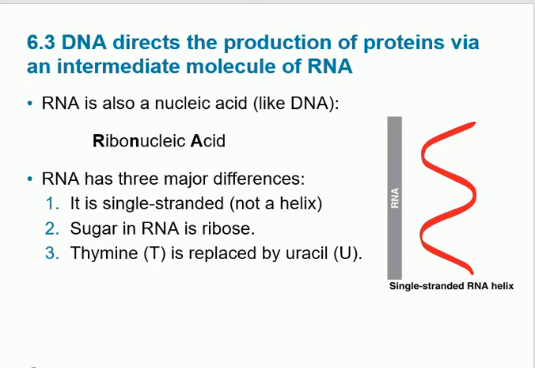Did you get the differences between the DNA and RNA? Which one is single strand? RNA. And which one is double strand? DNA. Which one contains ribose? RNA. Which one contains deoxyribose? DNA. Which one is ATCG? DNA. And which one is AUCG? This is RNA. Okay?